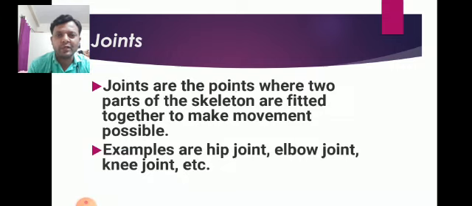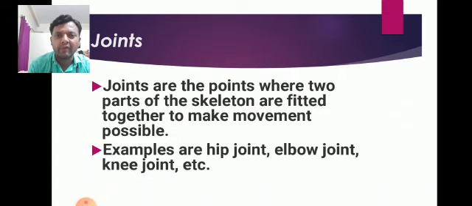First of all, we need to understand what joints are. Joints are the points where two parts of the skeleton are fitted together to make movement possible. As I told you many times in class 3, 4, 5, if there were no joints in the human body, we would all be like robots.